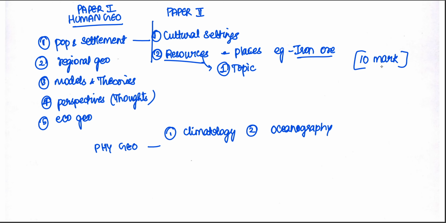So for those 10-mark questions, we need to prepare all the topics which are present in the syllabus. And the third one is biogeography. Fourth is environmental geography. And the fifth is geomorphology. This order of preparation can give us high scores.